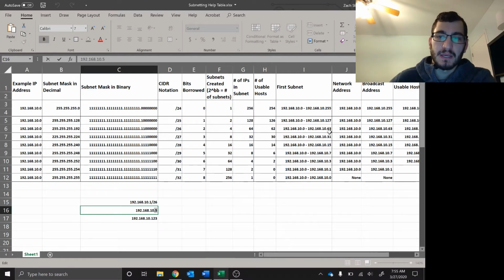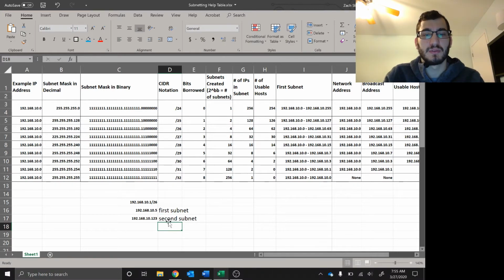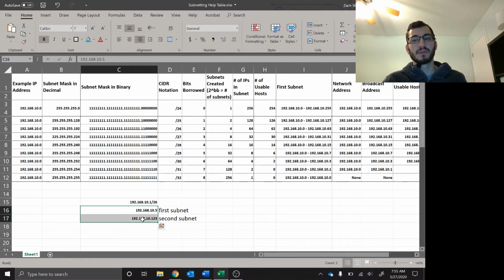Then our next subnet is 10.64 to 10.127. And then we have .128 to 191. And then 10.192 to 10.255. So if this is a /26, these two are not in the same subnet, because this one is in the first subnet, and the 10.23 is in the second subnet. So those two IP addresses wouldn't be able to talk to each other.